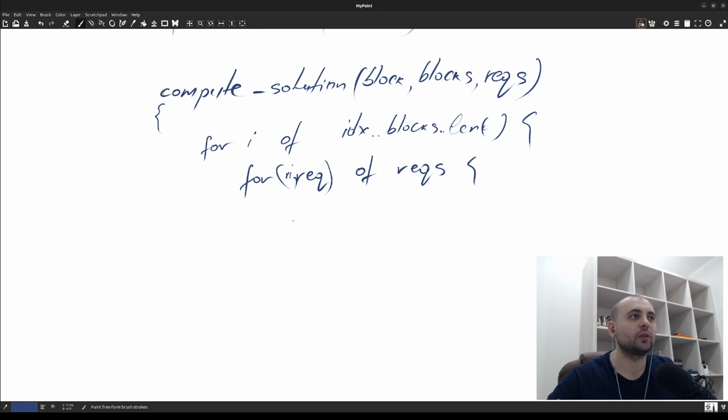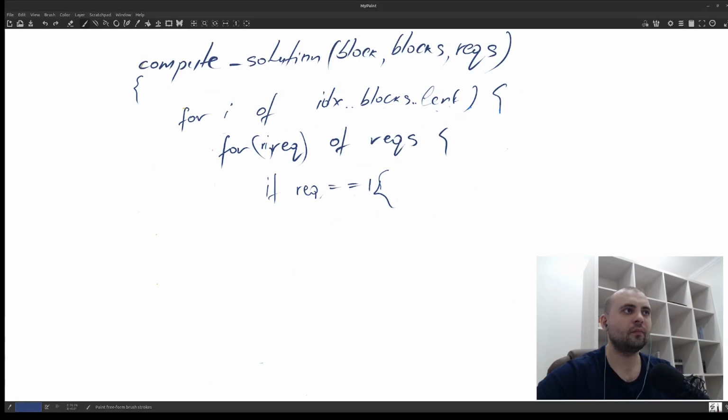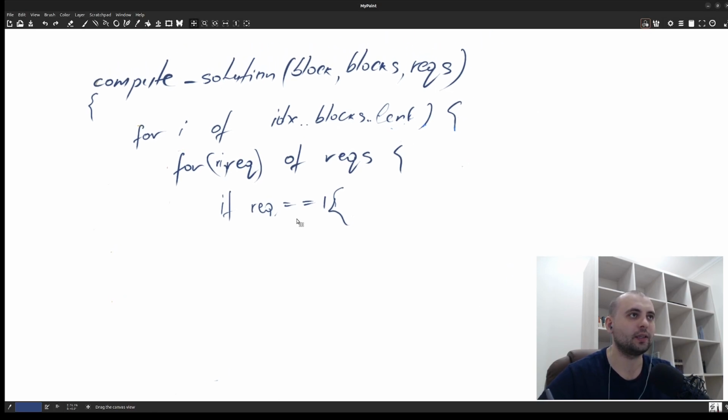So in this case, we'll see if our requirement is a 1. If yes, then we'll need to continue. Okay, I guess what we didn't speak about in the latest minutes is how exactly we'll structure our data, because this is vital.